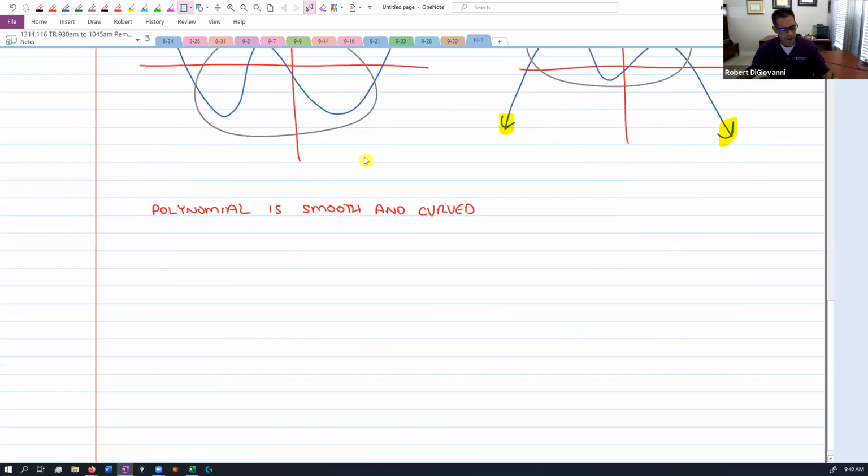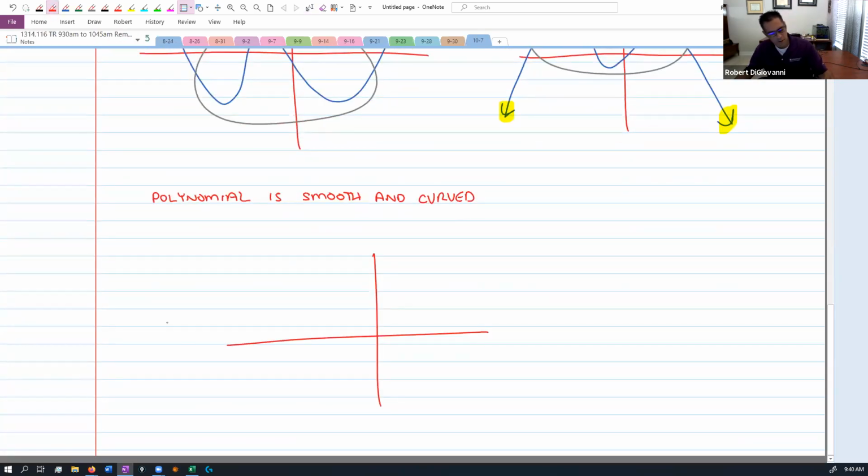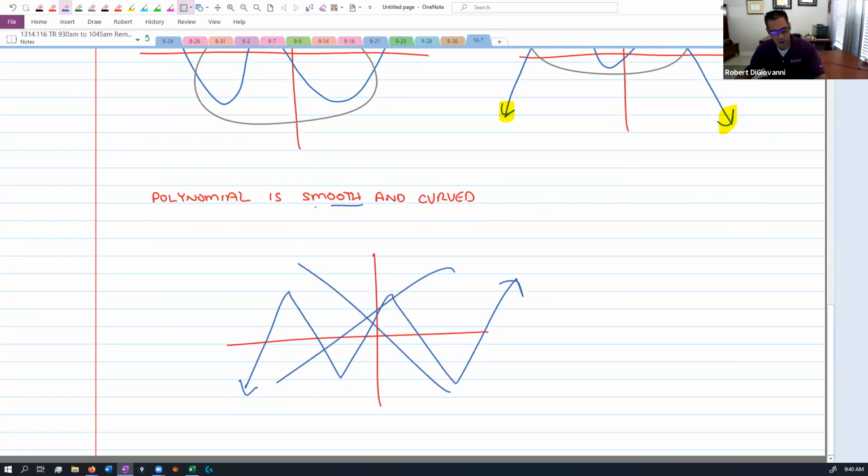I'm not drawing this. See all these sharp corners? That's not what's happening here. They're smooth and curved. All polynomials are, I should have said. Polynomials are smooth and curved. That's going to help because when we draw them, we want to make sure we don't put any sharp corners or anything like that.